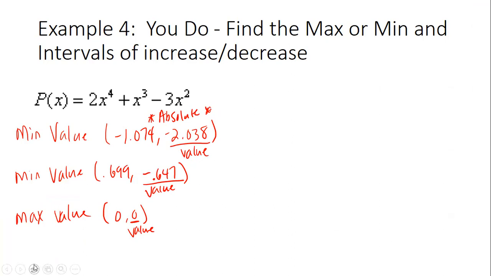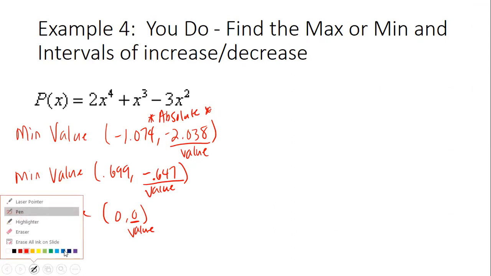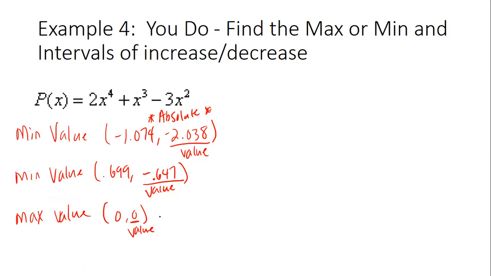Now we're going to talk about our intervals of increase and decrease. So where are we increasing and decreasing? If we remember our graph, I'm going to do a little sketch of it. It goes like this, and it went like that. We are decreasing from negative infinity up until this point.